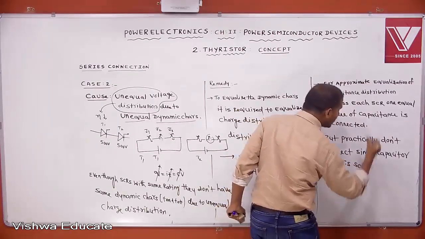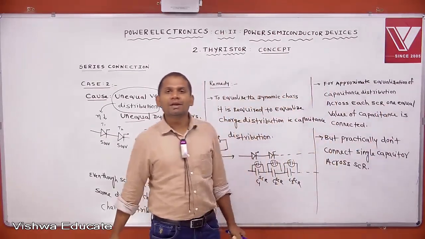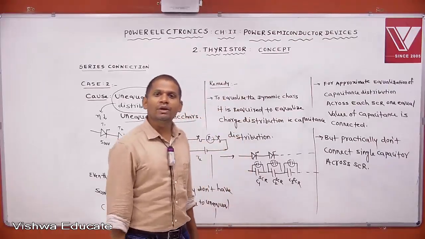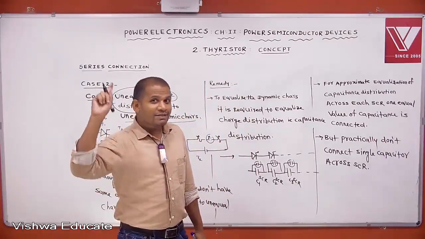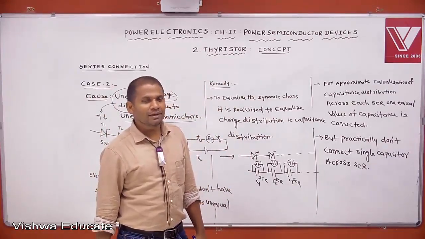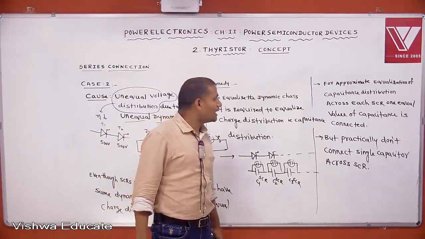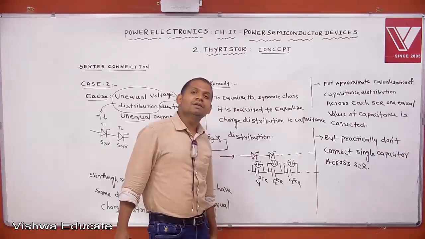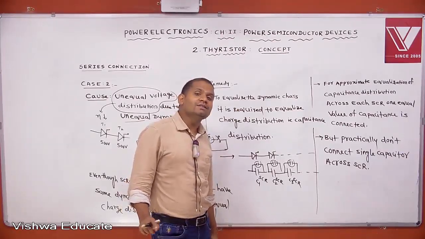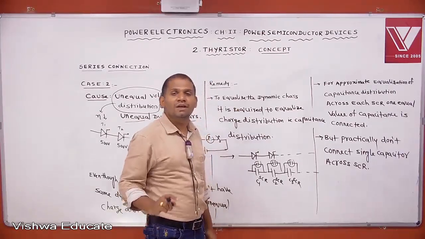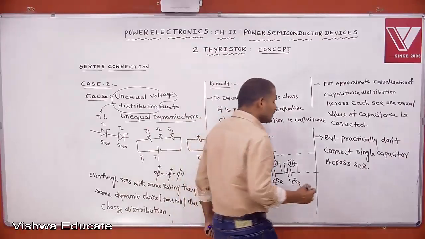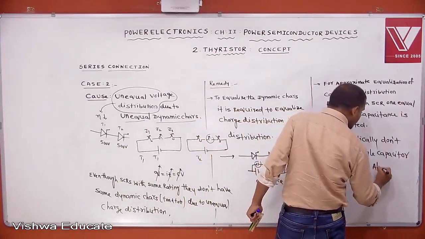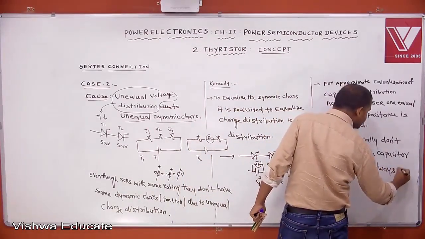The discharging current of the capacitor may damage the SCR during turn on of SCR, which I discussed in the snubber circuit. Always a resistance is connected in series with the capacitor.